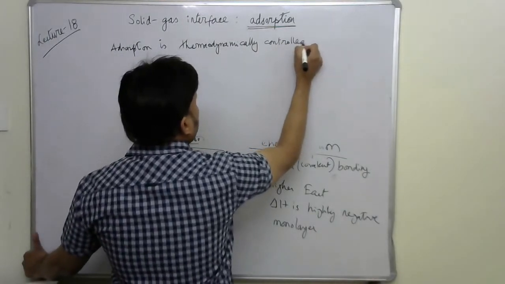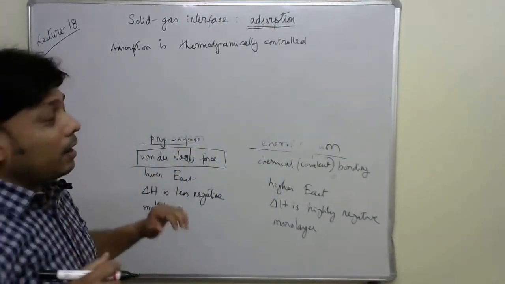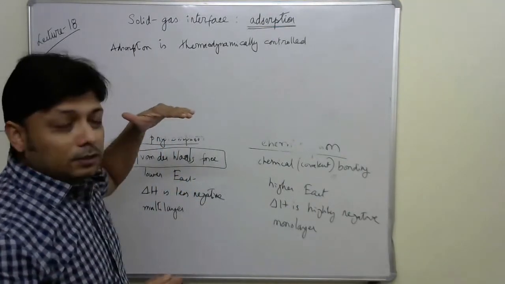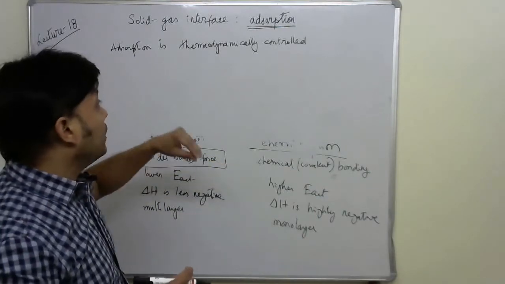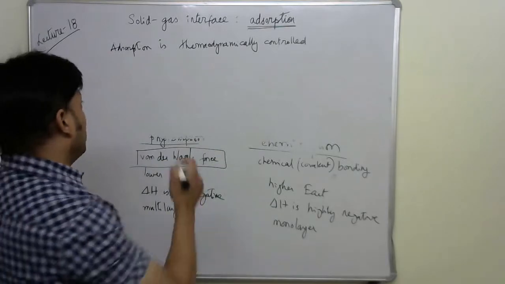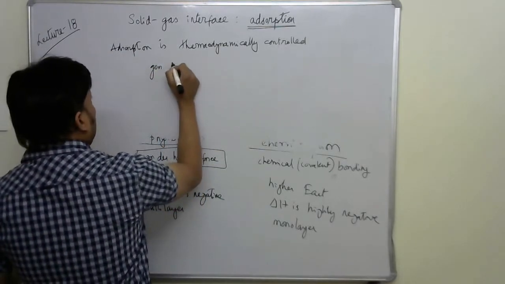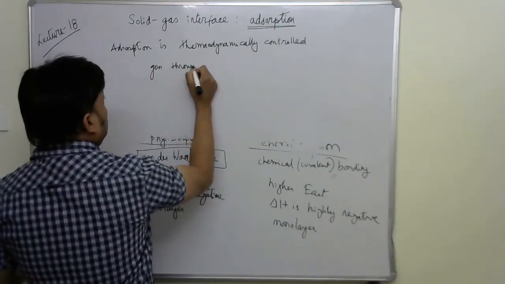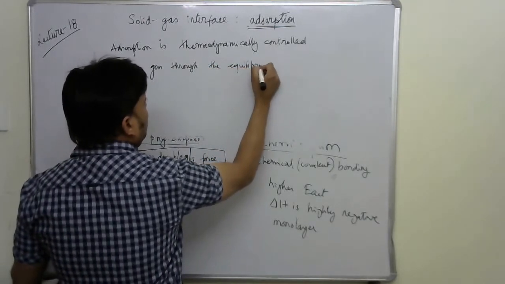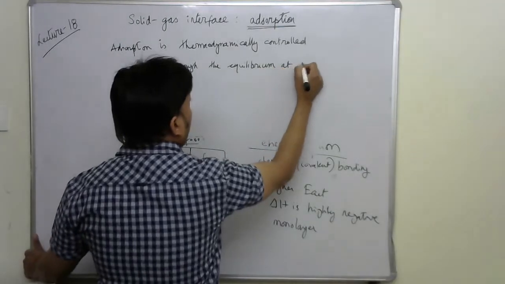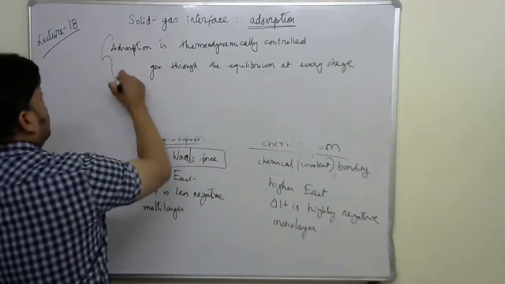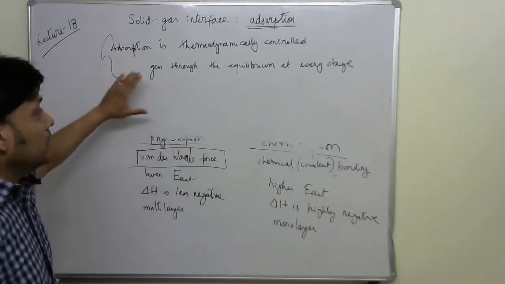Okay, so it is essentially reversible, number one, and number two, it goes through the establishment of instantaneous equilibrium at each and every state. Alright, so it goes through the equilibrium at every stage. Okay, so these are the major two considerations about the adsorption.